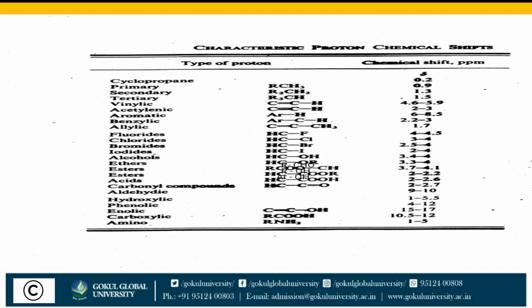Here are the types of proton and the values they give. This type of proton gives this particular value of chemical shift, so we must always remember these values. First, cyclopropane gives 0.2, primary 0.9, then secondary and tertiary, vinylic, acetylenic, aromatic, benzylic, allylic, fluorides.